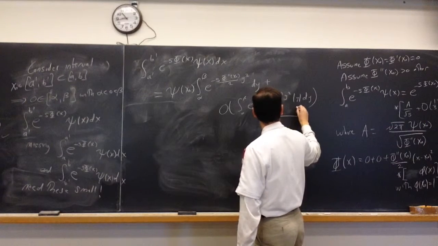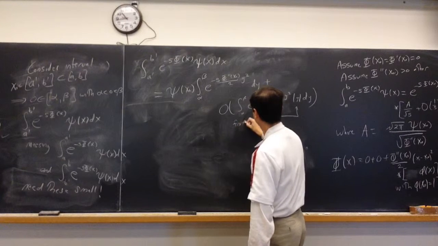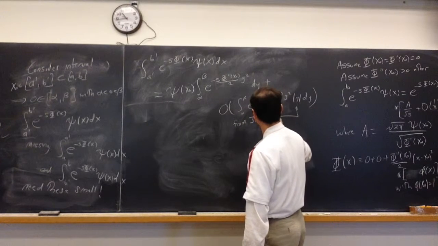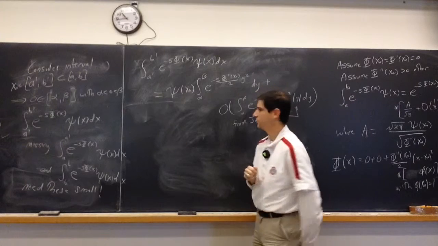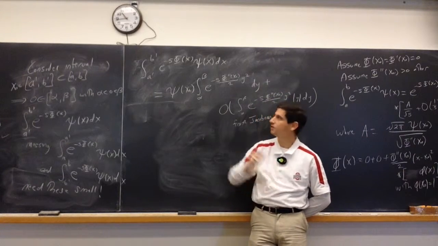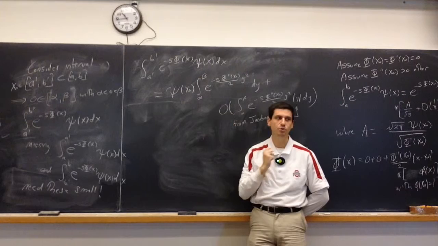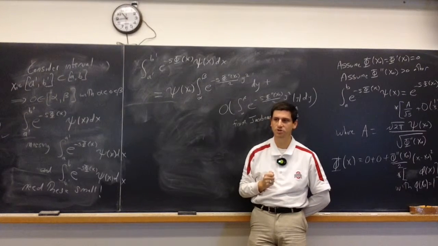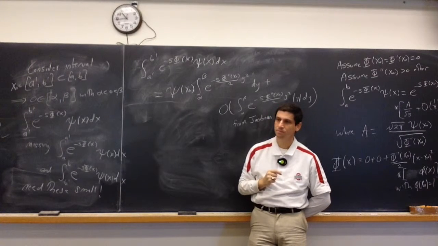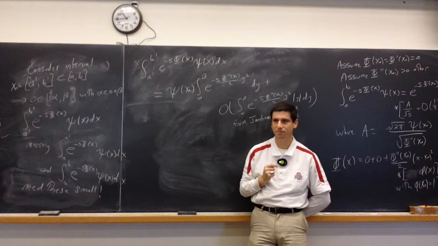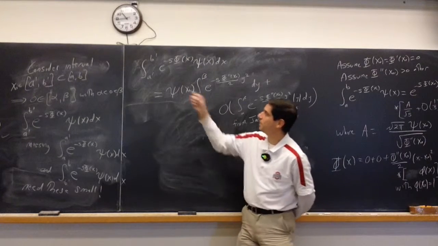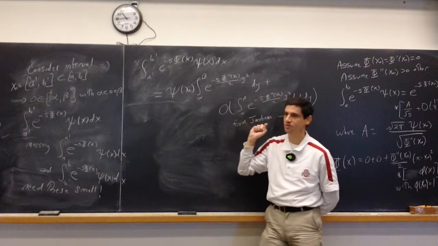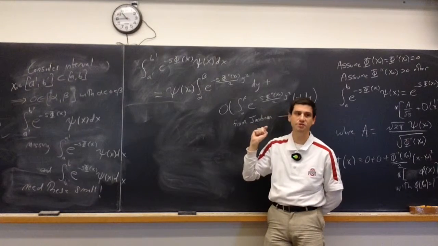So this is coming from the Jacobian. Anything else we've switched in this step from here to here? We've done two things. We did dx to dy. What else did we do? There's one other thing we did. Well, the bounds come from the change of variables. But there's some other place where the change of variables comes into play.